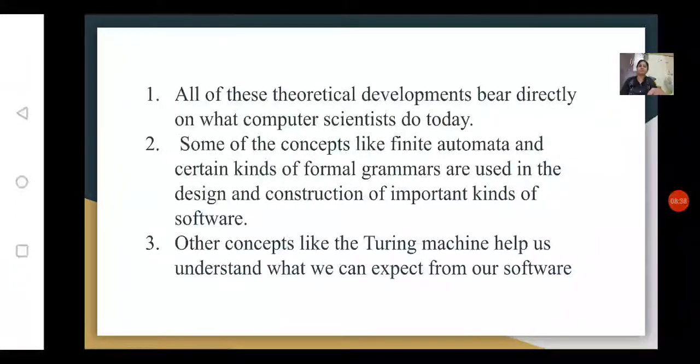Some of these concepts, like finite automata and certain kinds of formal grammars, are used in the design and construction of important kinds of software with the help of grammars, languages and machines. Other concepts like the Turing machine help us understand what we can expect from the software. The Turing machine told us what we can expect from software.